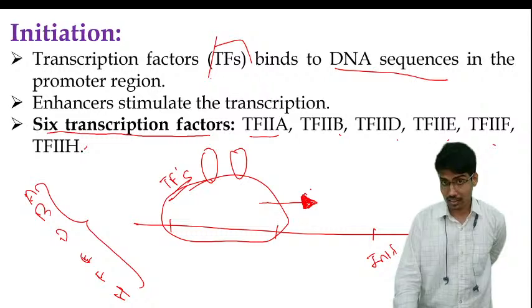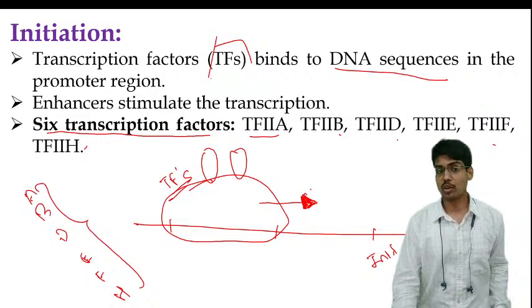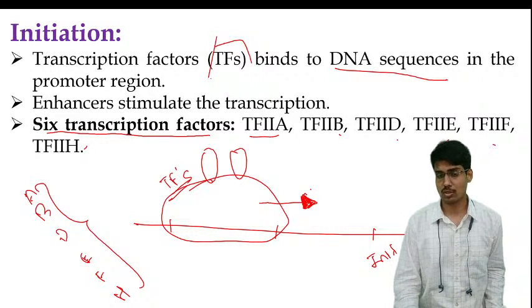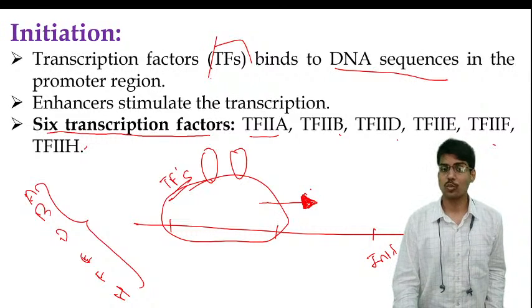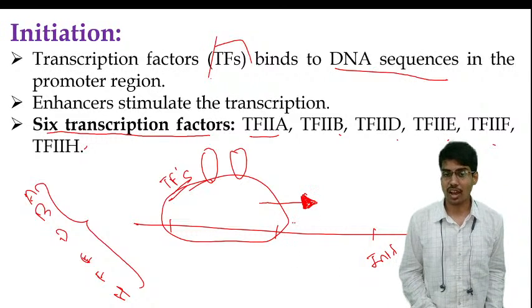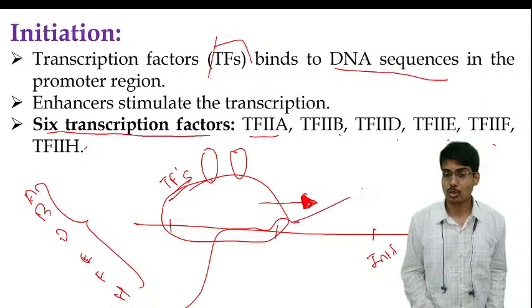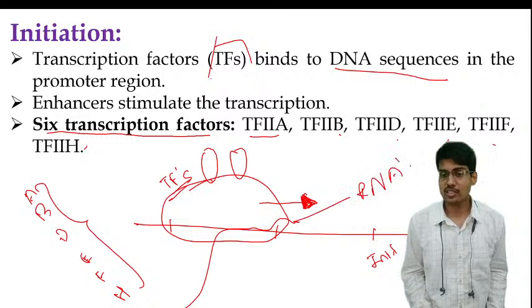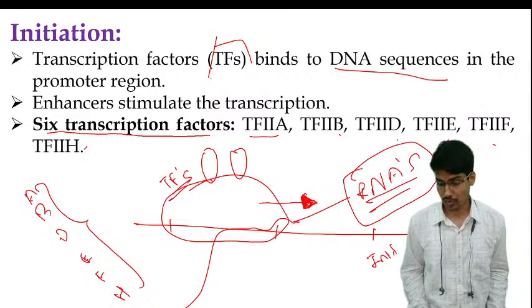There are some other points which we know about transcription in eukaryotes. Whatever RNA is synthesized after the entire elongation and termination, those RNAs in eukaryotes are not fully ready to be utilized.